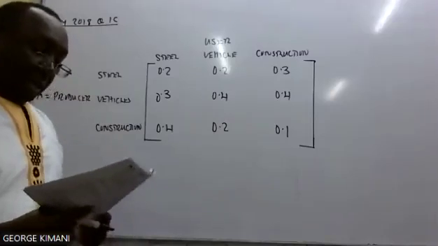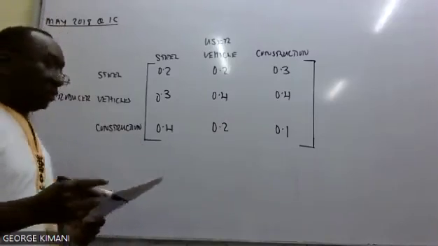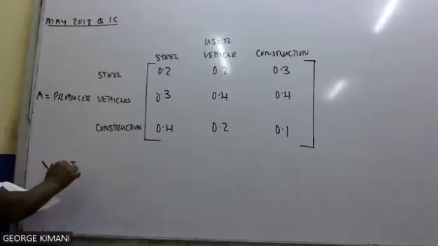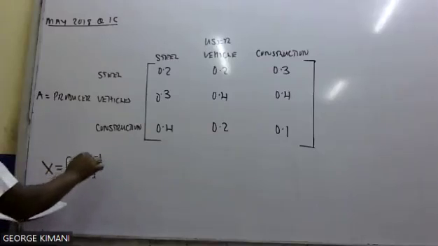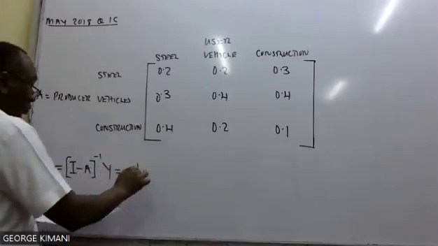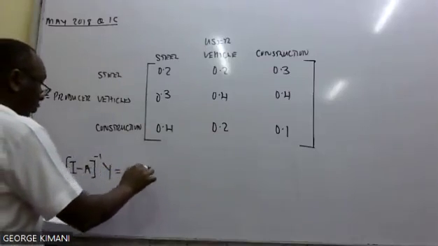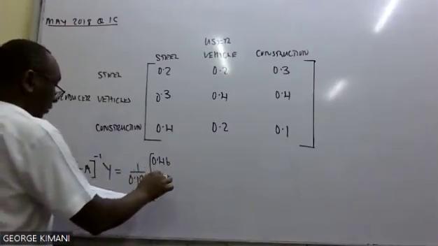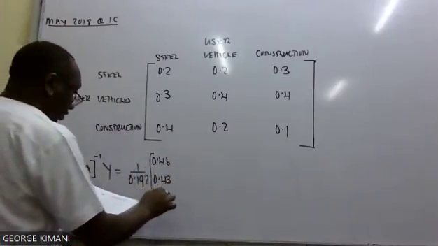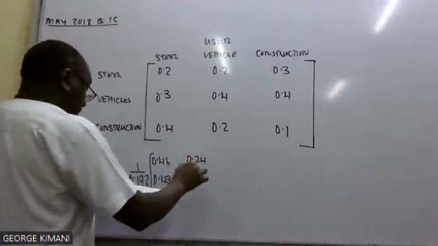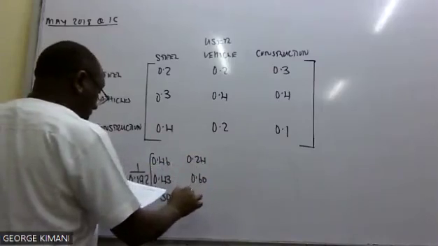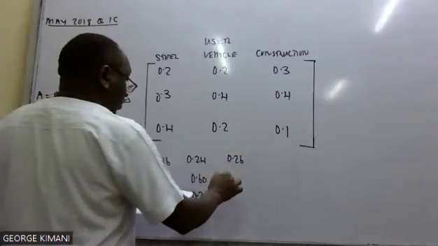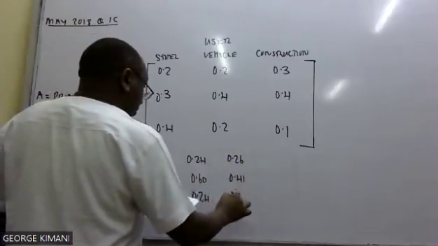Good. So if we are okay, then the total output X will be I minus A inverse, multiplied by Y. So this is 1 over 0.192, 0.46, 0.43, 0.30, 0.24, 0.60, 0.24, 0.26, 0.41, 0.42.